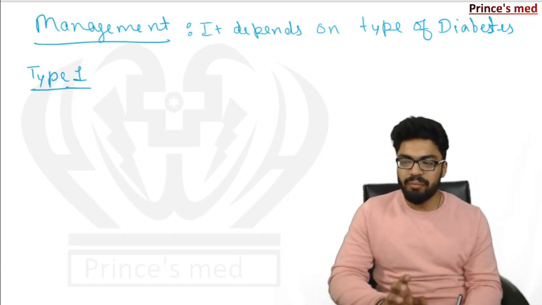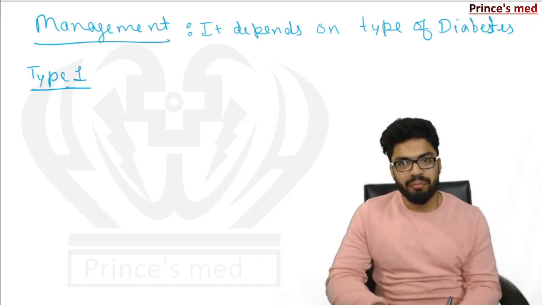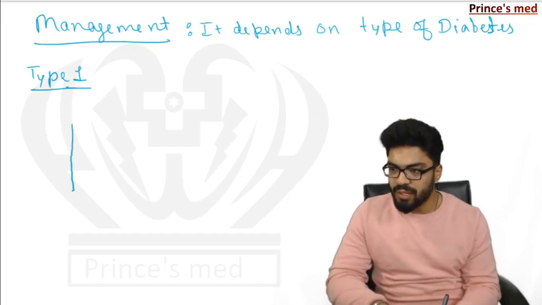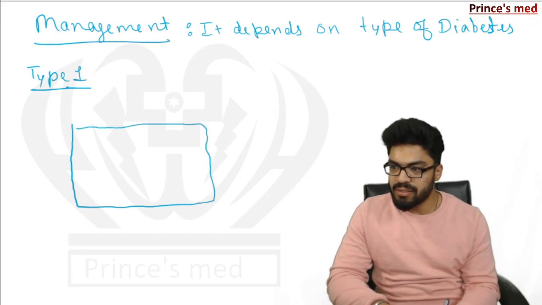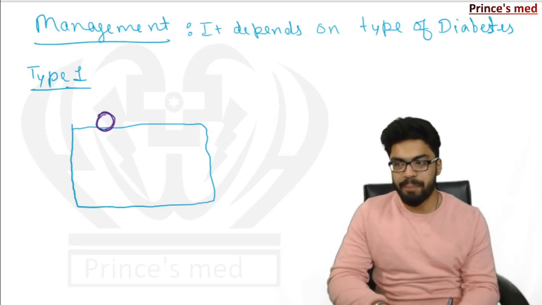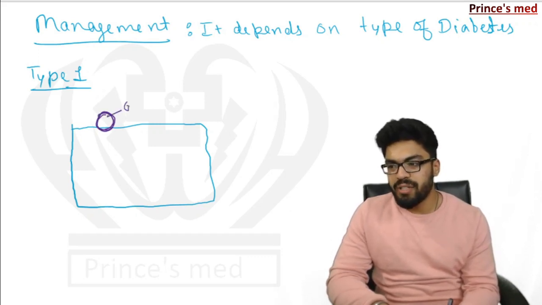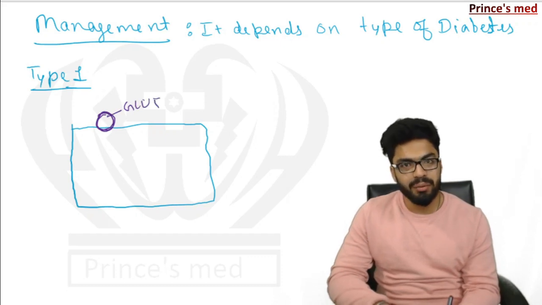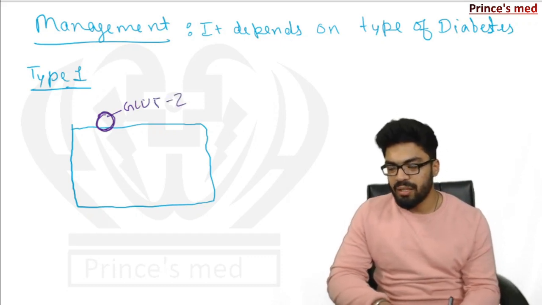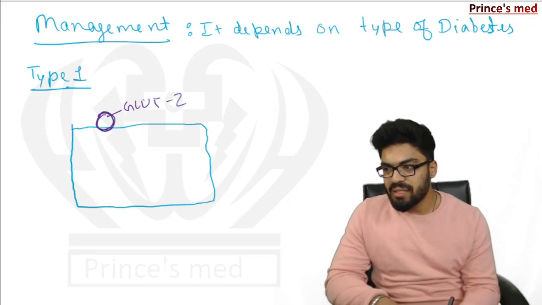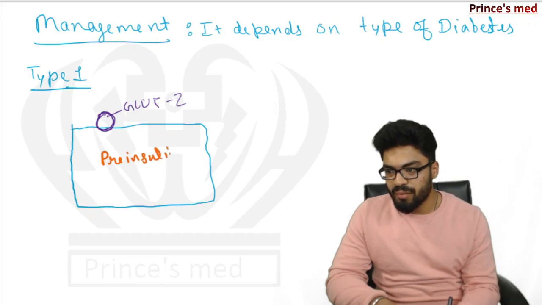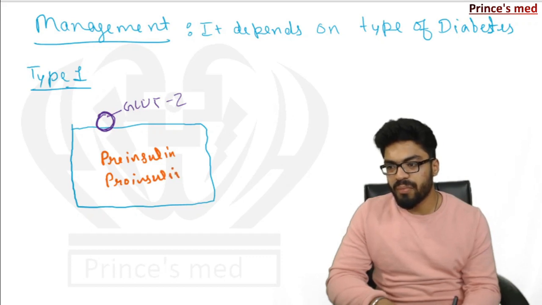In type 1, we have exhaustion of beta cells of the pancreas. This is our beta cell of the pancreas. And we have the GLUT2 receptor on the beta cell of the pancreas, which is responsible for monitoring blood glucose level. And in the beta cells, we have preproinsulin or proinsulin, which are the immature forms.